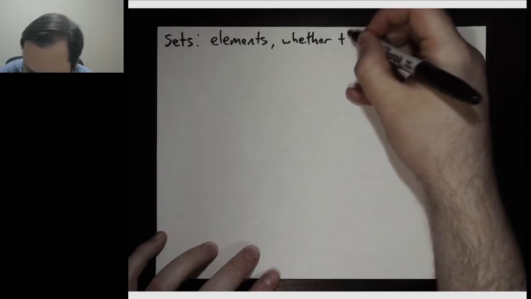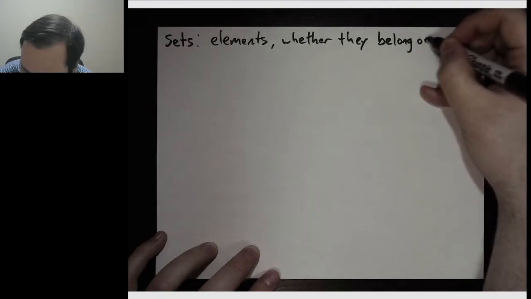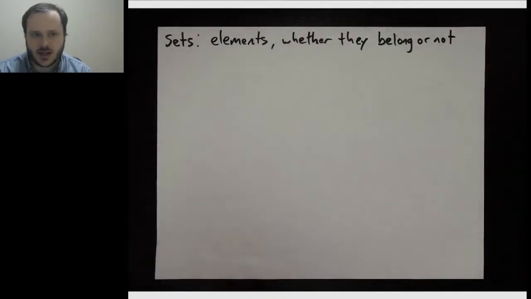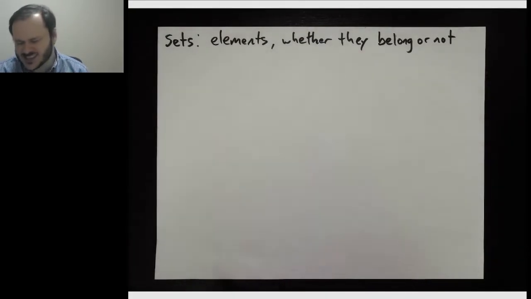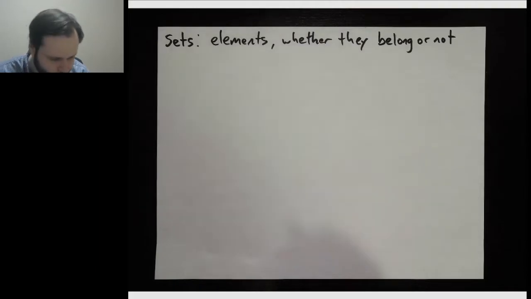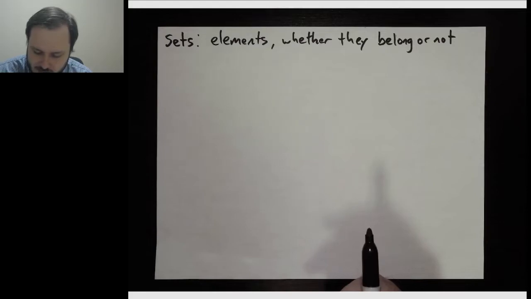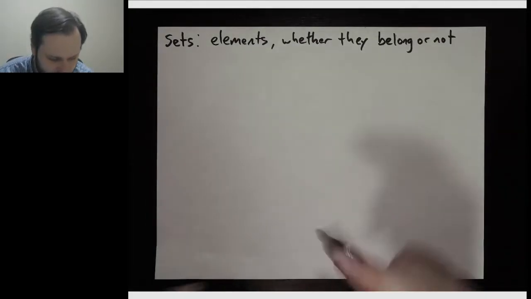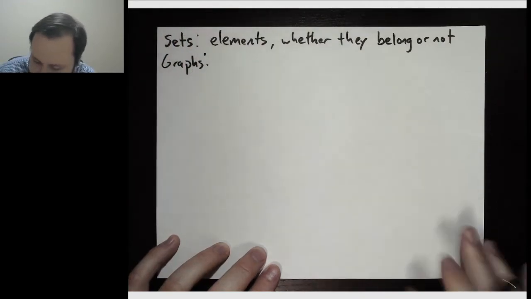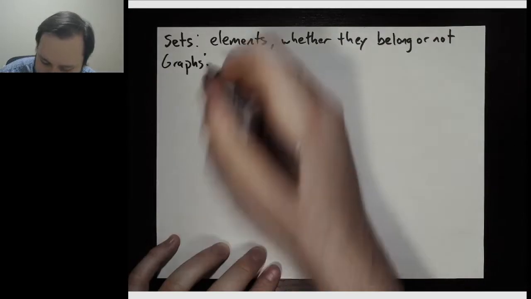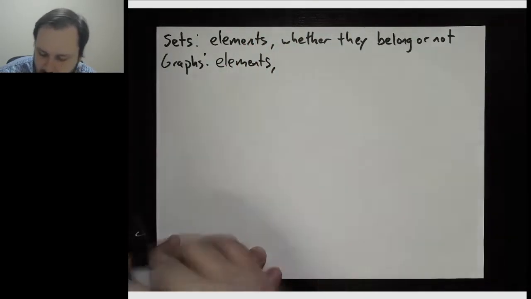In fact, when we talked about sets, we very quickly stopped talking about the elements, and we were mostly worried about relations between different sets, because sets themselves are just so simple. And so if we go one step up in the power of the structure we're talking about, we get to graphs. So graphs informally are going to be about elements and how the elements are related to each other.